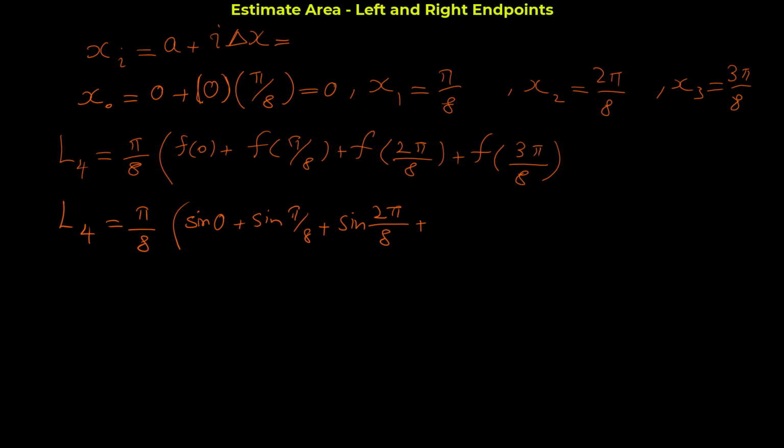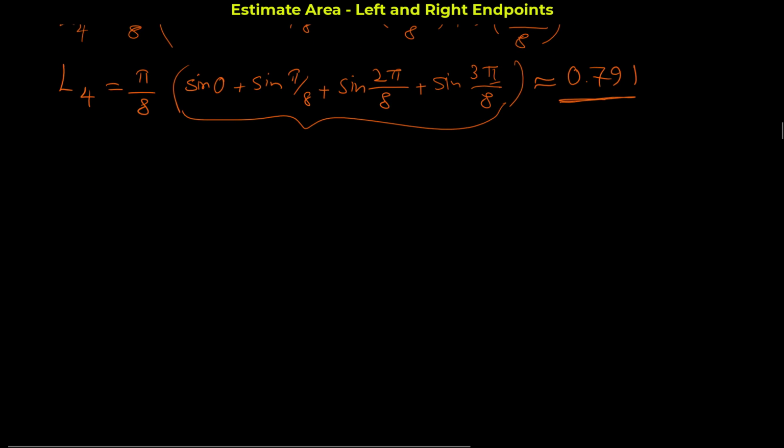Of course, you can write 2 pi over 8 as pi over 4, but we use a calculator for finding these values. If you add these up and multiply by pi over 8 with a calculator, you are going to get approximately 0.791. And as I said before, this is an underestimate for the area.